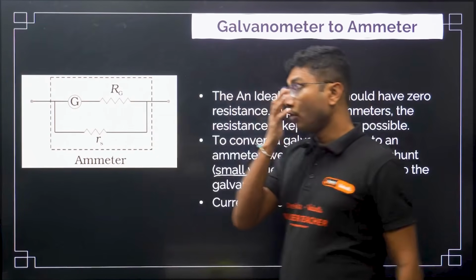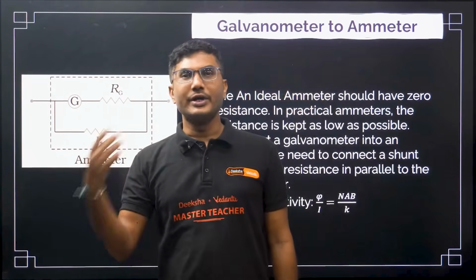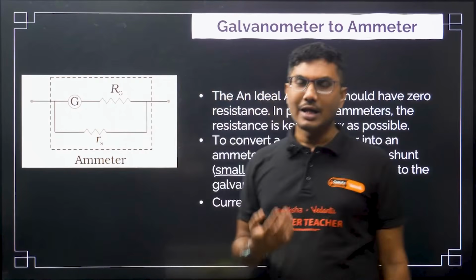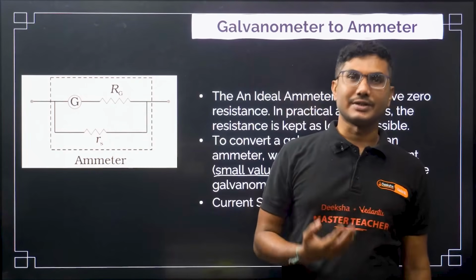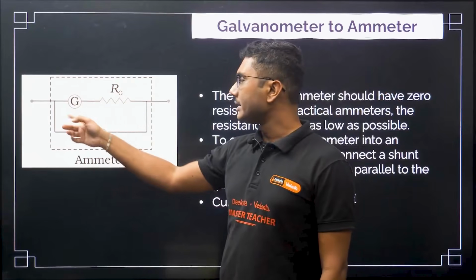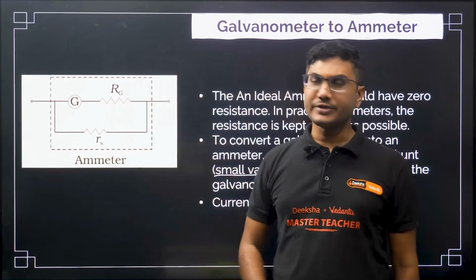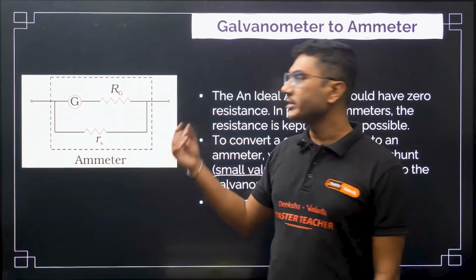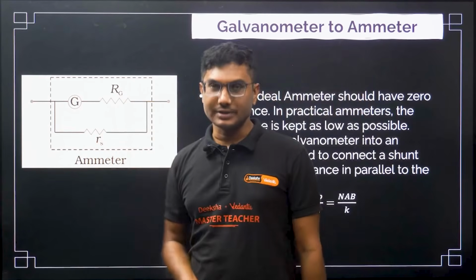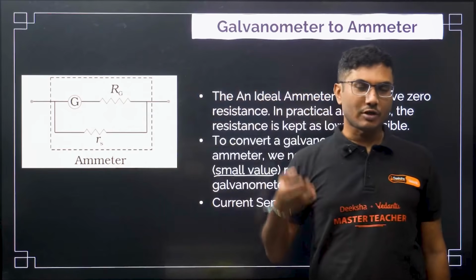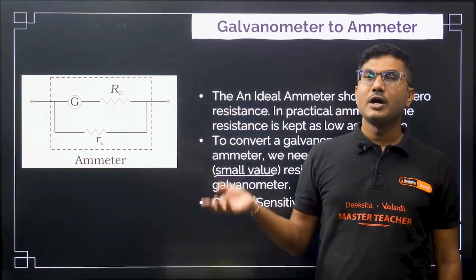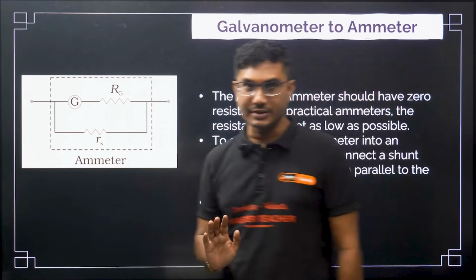We know that if you combine two resistances in parallel, their combined resistance decreases, right? So if you combine this galvanometer with some external small value resistance in parallel, the combination will have even smaller resistance than this. A parallel combination will have resistance smaller than the smallest resistance.